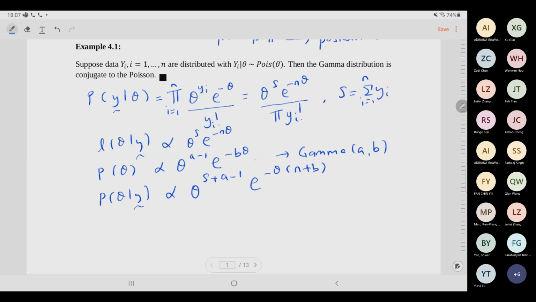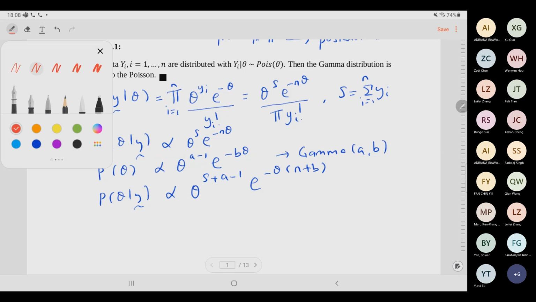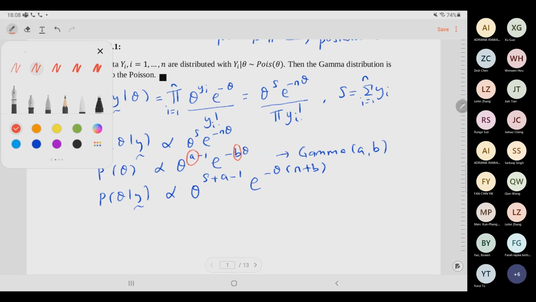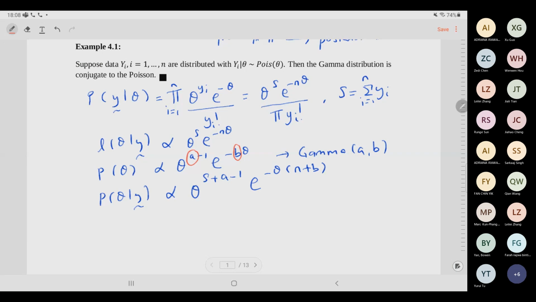So if you have a gamma kernel, it is theta power some parameter, and then exponential of some constant times minus theta. Okay, so this is your gamma kernel. If you look over here, this is theta power something also, and then exponential minus theta times something also.